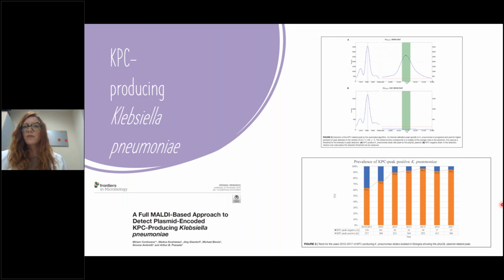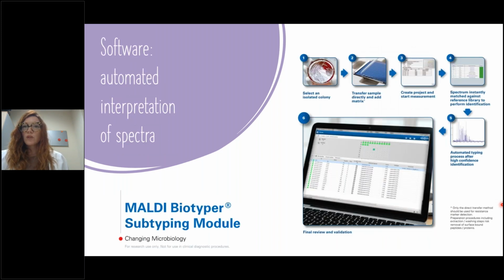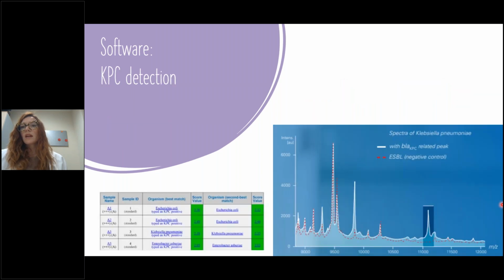Several papers appeared afterwards validating these procedures with, I think, sensitivities ranging from 85% to 100%. So they were pretty good, apparently. There is also automated interpretation software from Bruker in which you can make an identification, and afterwards, if they detect these mass peaks, they give you a warning message. So maybe you have this KPC.